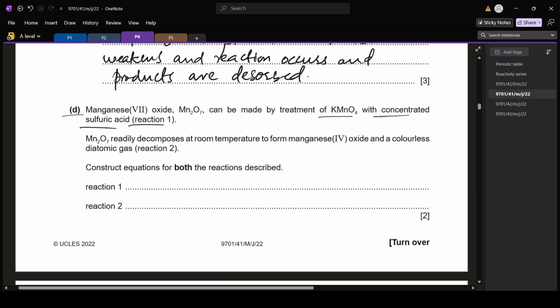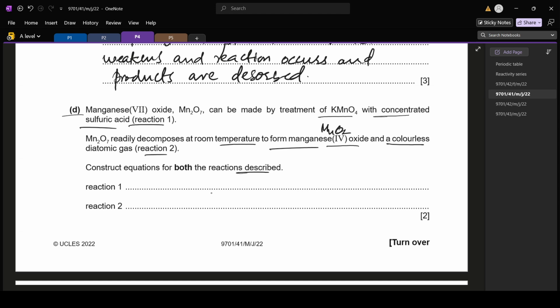Then Mn2O7 readily decomposes at room temperature to form manganese(IV) oxide, which has the formula MnO2, and a colorless diatomic gas. This is reaction 2. Construct equations for both reactions described.